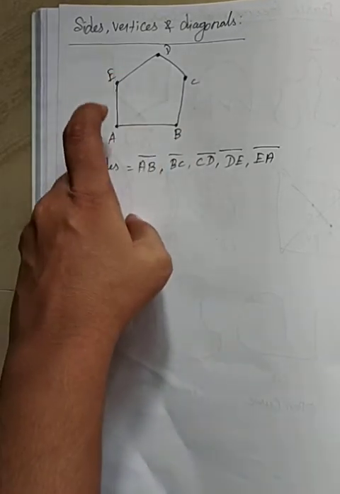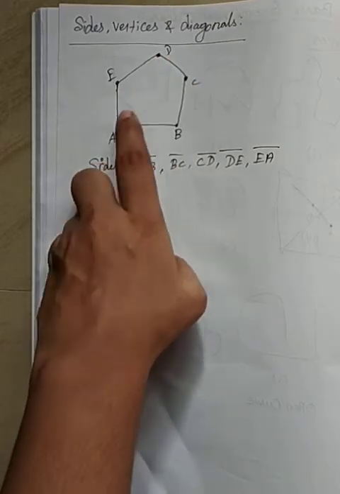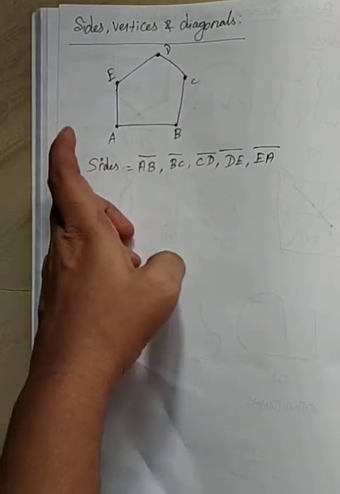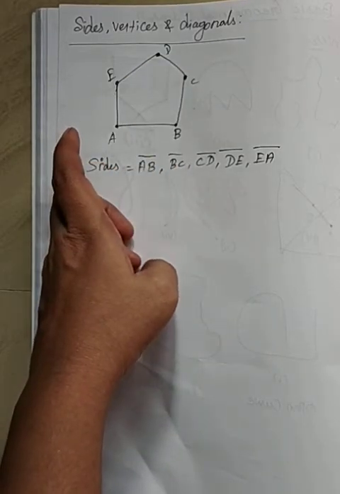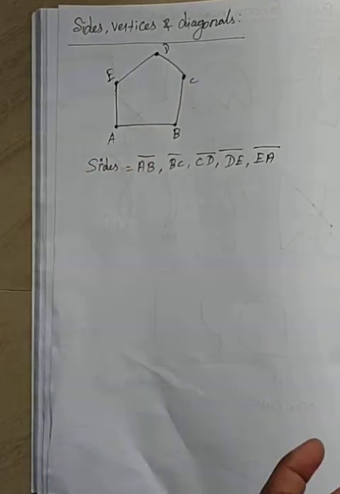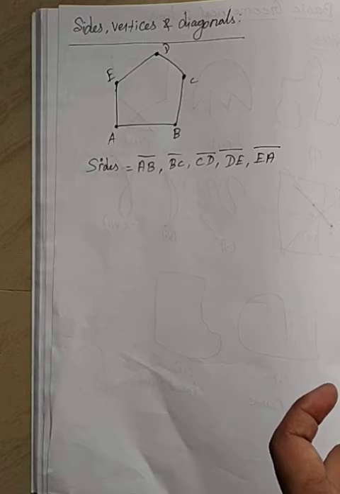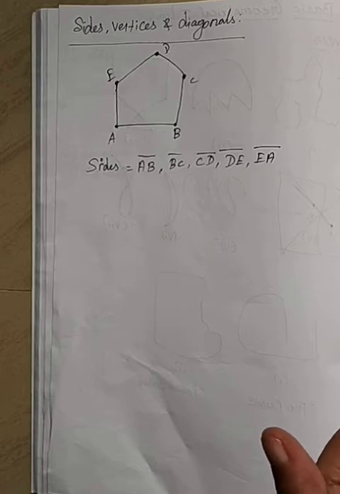How about AE and DC? This is not adjacent, no common end points. AE, this is DC, there is no common end point. So this pair is not adjacent. The end points of the same side of your polygon are called the adjacent vertices.